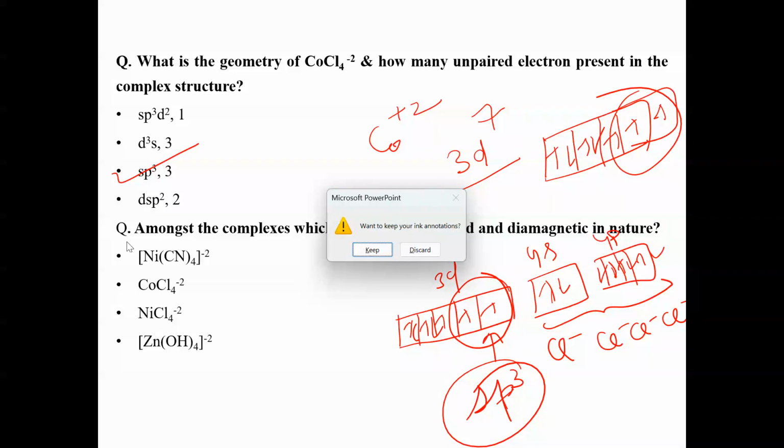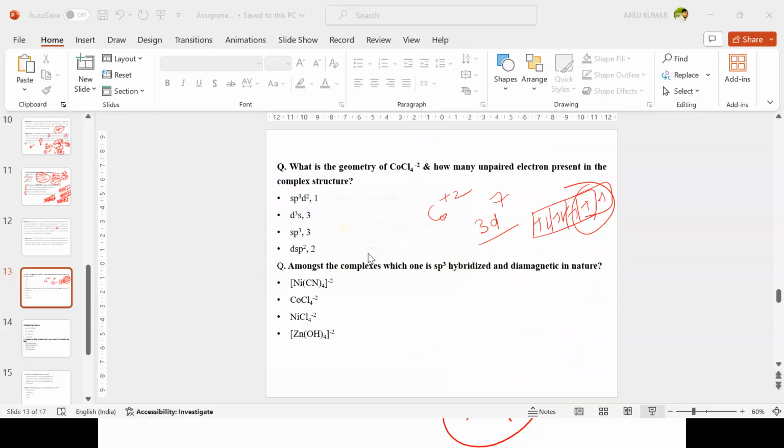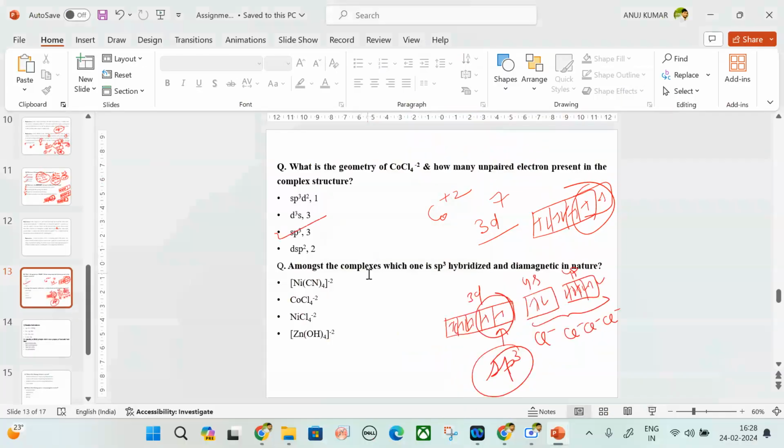First you have to draw the electronic configuration, and you will get an idea about its magnetic property. If the electrons are all paired up, the complex will show diamagnetic nature.